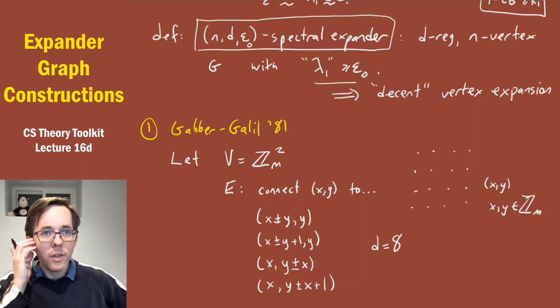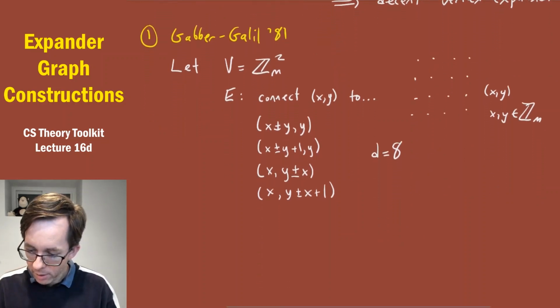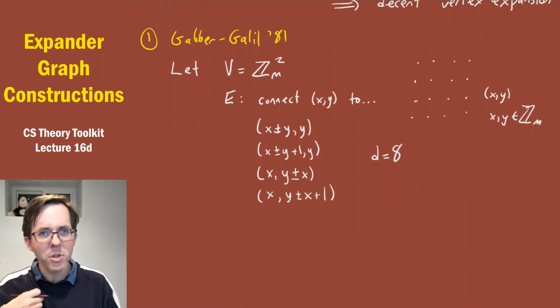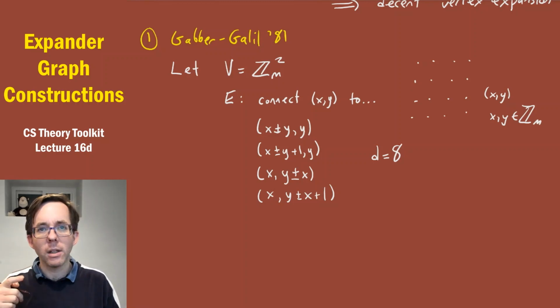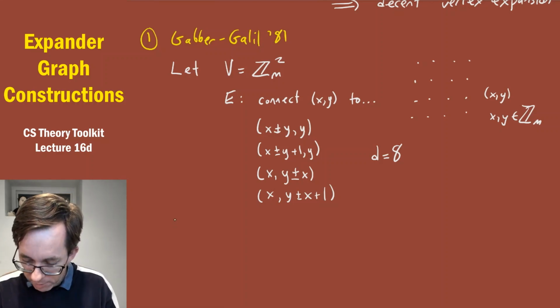And this is a wonderful family of expander graphs, one for each m. So you have an expander graph for every n which is a square, for several reasons. First of all, let me just state the theorem.